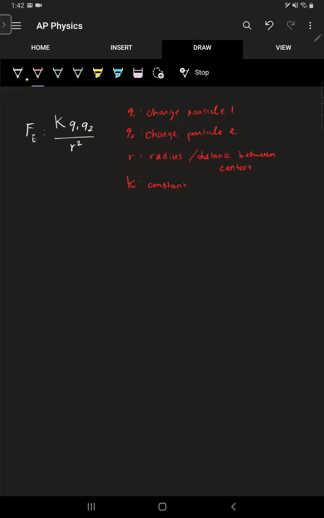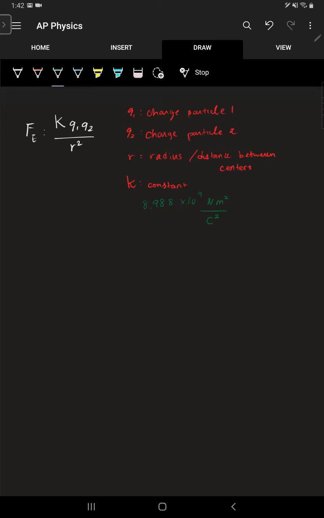So, K, if you want different things for it, K can possibly equal, you don't have to write these down because they'll be given to you, 8.988 times 10 to the 9th Newton meters squared divided by Coulomb squared. I believe that's so.